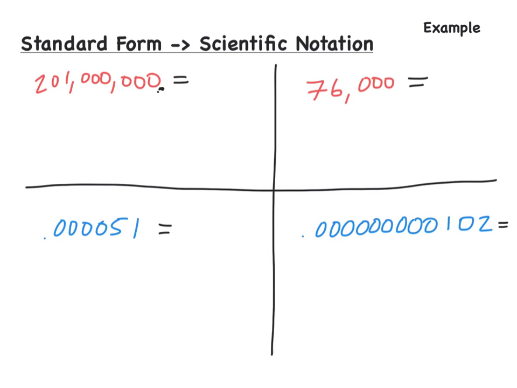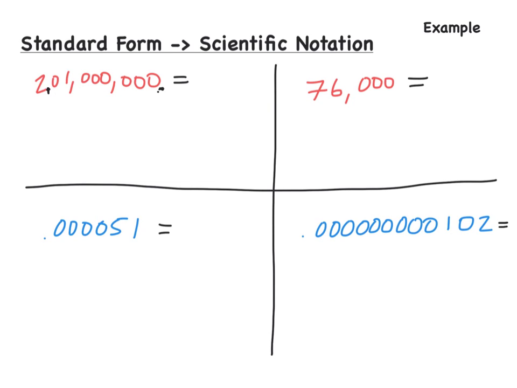Now when we want to put it in scientific notation, the first number that we always put has to be between 1 and 10. So with this number, we have to make a number that is between 1 and 10. I'm going to put a decimal point right here. If I put the decimal point between the 2 and the 0, that makes a number that's between 1 and 10.